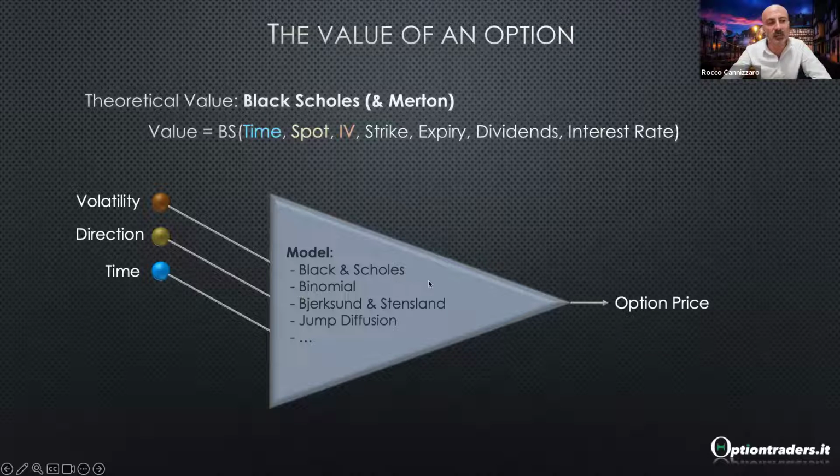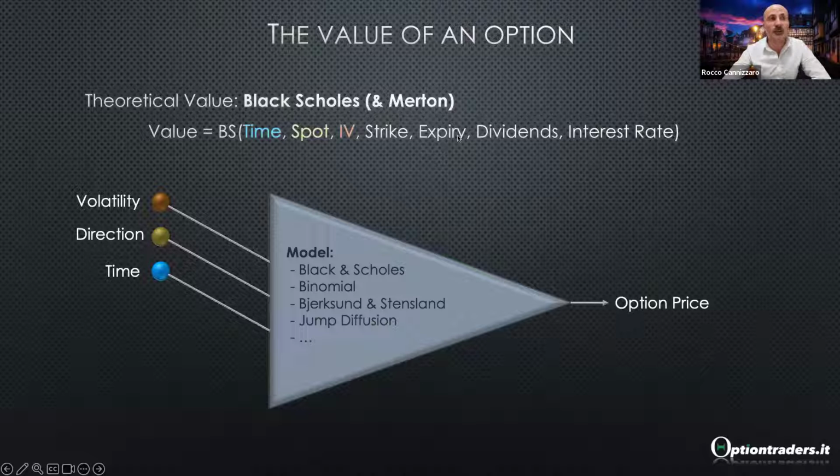Black-Scholes is probably the most famous model, but there are additional ones. Now, what are the parameters? Typically, to price an option, you need a number of parameters like the time to maturity, so how long this option is going to last before it expires, the spot price, and the implied volatility, and that's what we're going to focus on today.